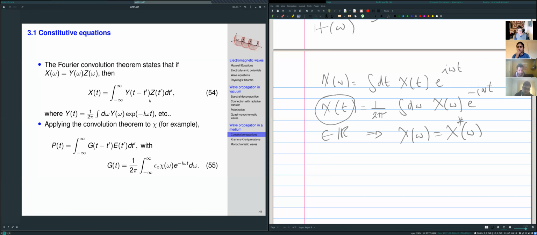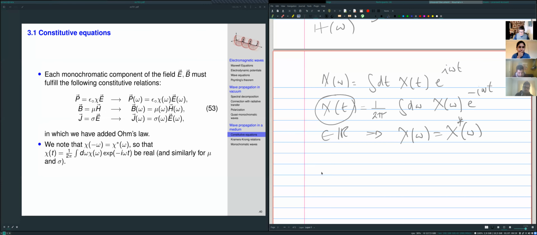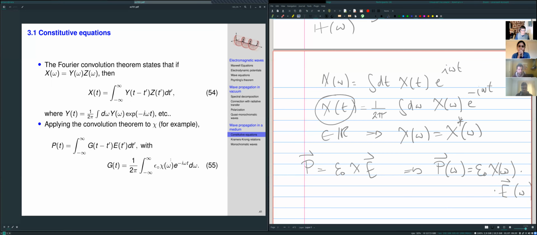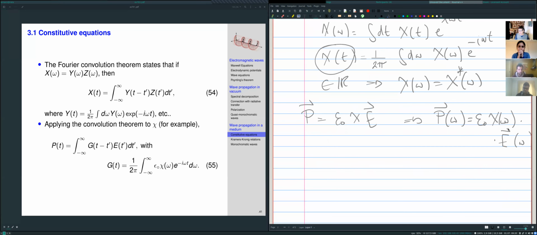So if we apply this convolution theorem to chi, for instance, okay, let's write down chi again. So what was chi about? We have this relationship. Let me write it down so we can have it in mind. So this is the relationship between P and E, and we're saying that the harmonic components must be related this way, chi times E. Okay, so we apply the convolution theorem to that part.